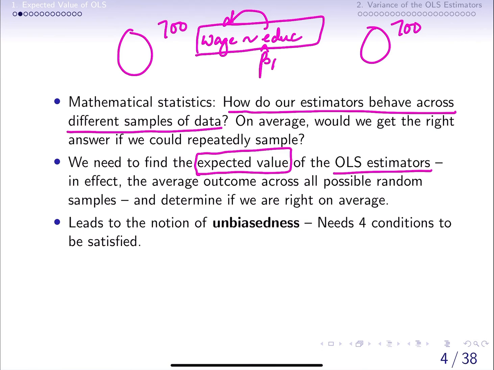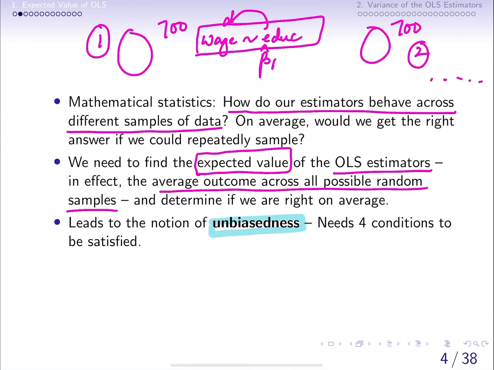So what would be the average outcome across all possible random samples? If we had random sample number 1, 2, and we had many of these, would we be right on average, right? That's what we want. And this is sort of what motivates this idea of unbiasedness.